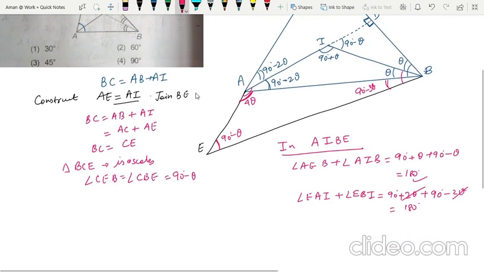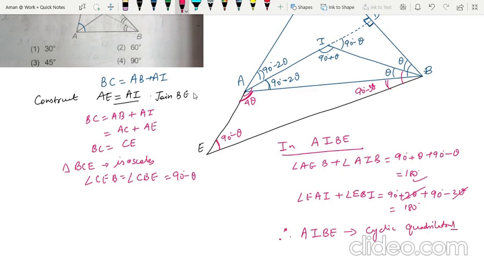So we can conclude that the sum of the opposite angles in this quadrilateral is 180, so quadrilateral AIBE is a cyclic quadrilateral. Now, if we join EI, this angle is made with the segment AE in a circle.